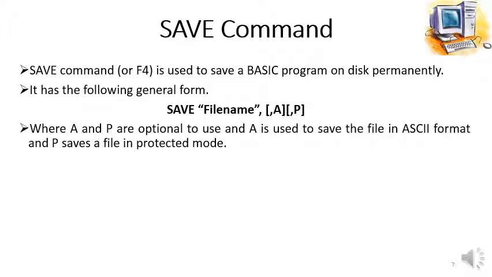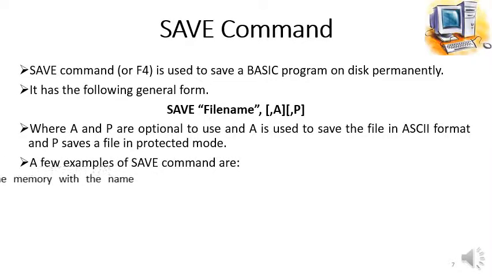A is used to save the file in ASCII format and P is used to save the file in protected mode. It depends on us whether we want to save the file in ASCII, so we will just write the A, and if we want to save it in protected mode, we will write P.